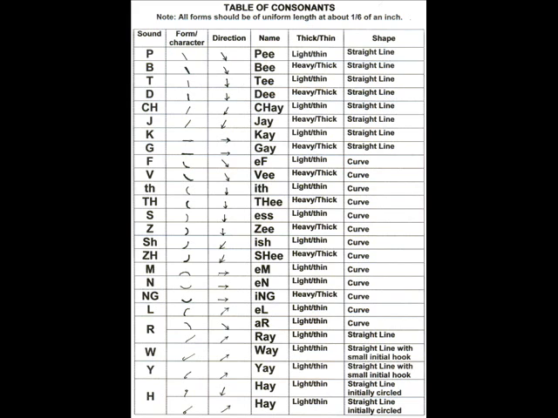So maintain uniform length, and the size of the stroke should be about 1/6 of an inch. It should not be too big. If we write big strokes, it will take more time. If we write very small strokes, in future you will get confused when you write half length strokes. So you now decide for yourself. It should be about 1/6 of an inch.